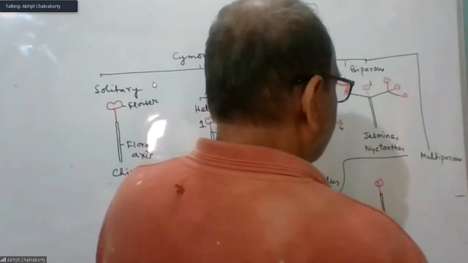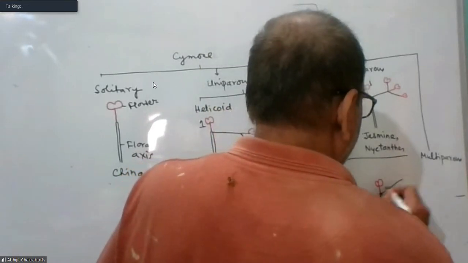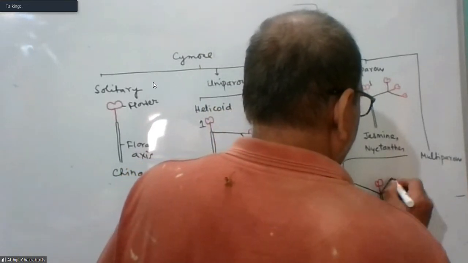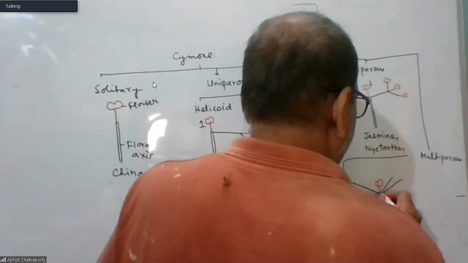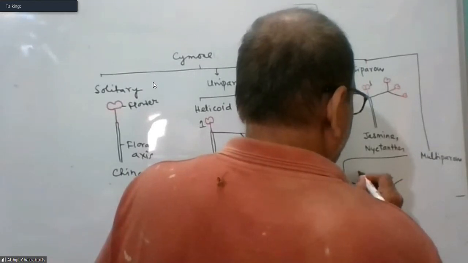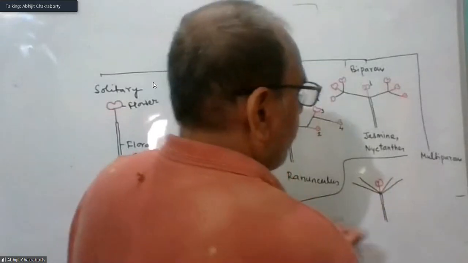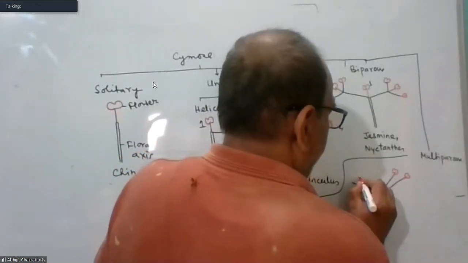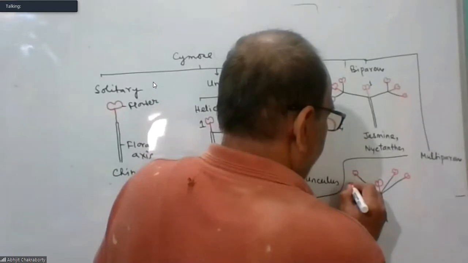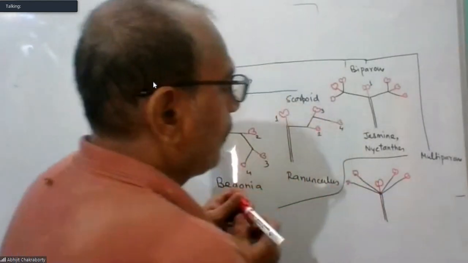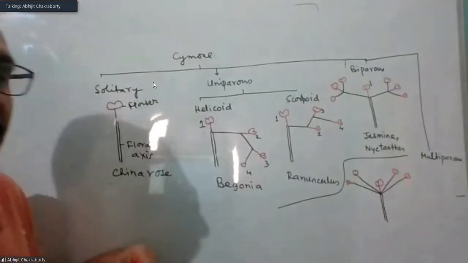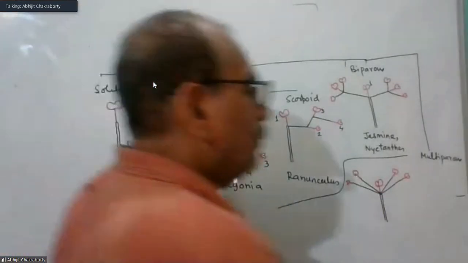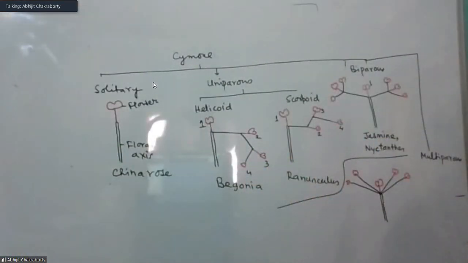First flower, you see. So here, more than two. You will get more than two branches.